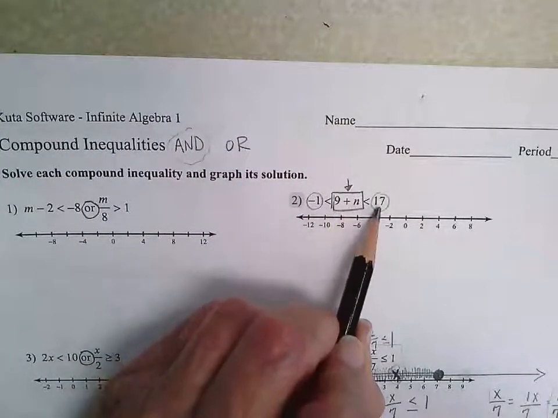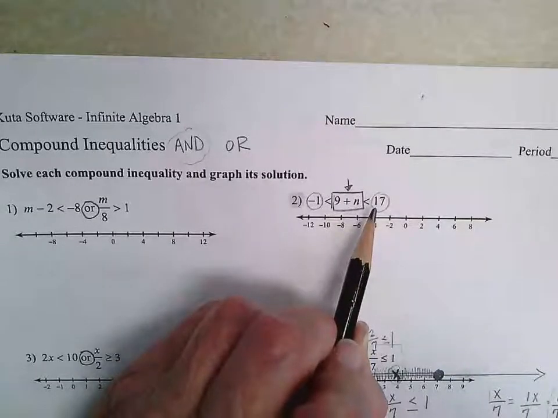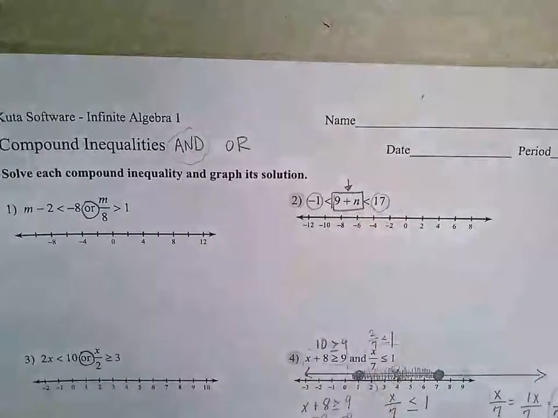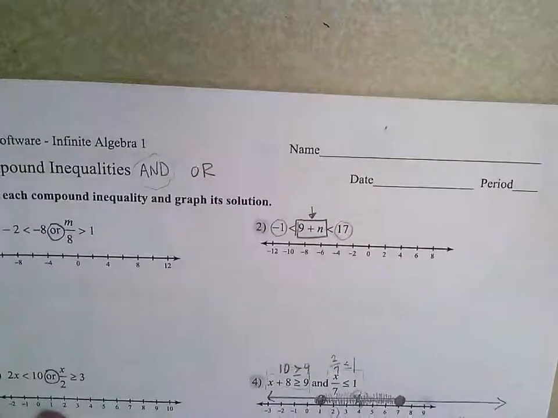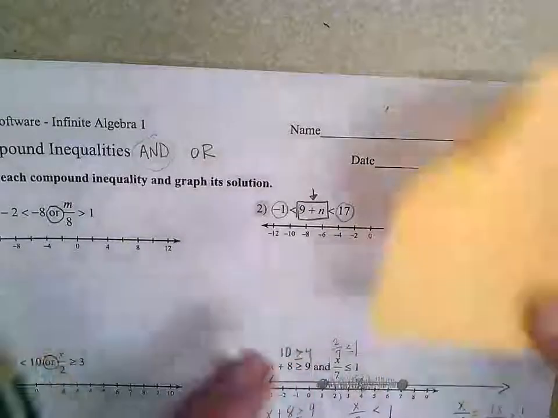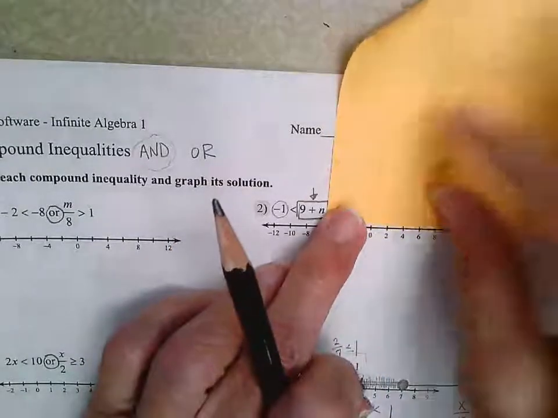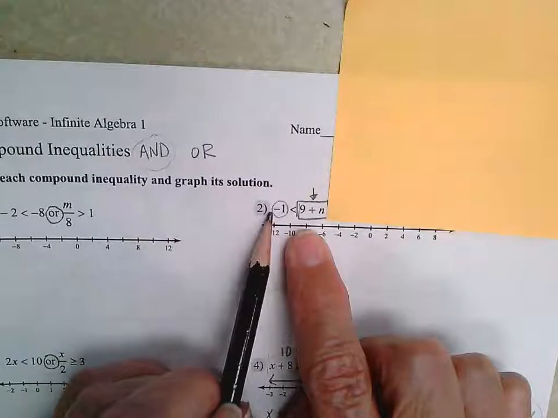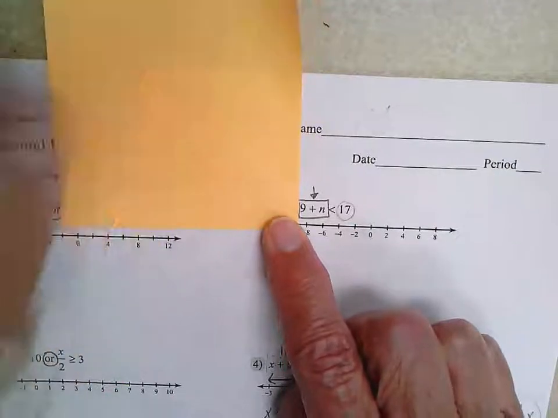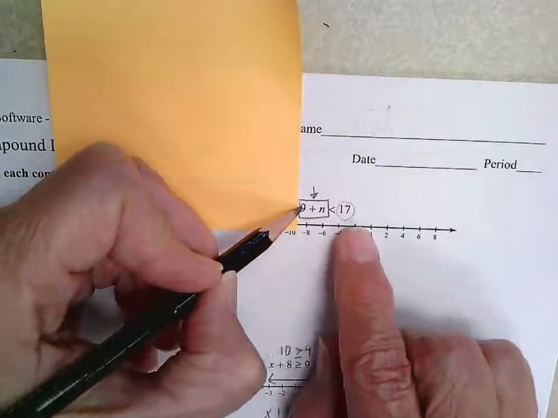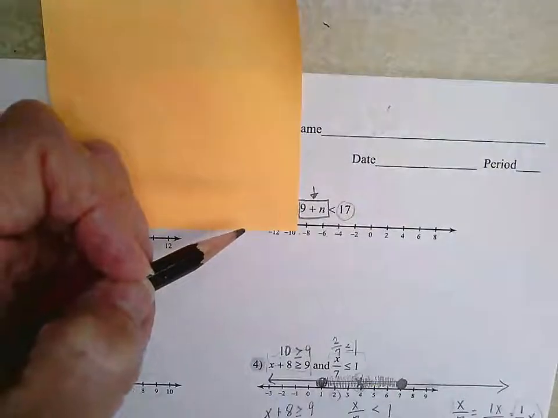And when you solve these inequalities, what you want to do is solve it as if there were two inequalities written just like this with an and inside of it, except we're going to solve only this inequality first and graph it, and then we're going to cover up everything in front of the 9 and solve this inequality next.